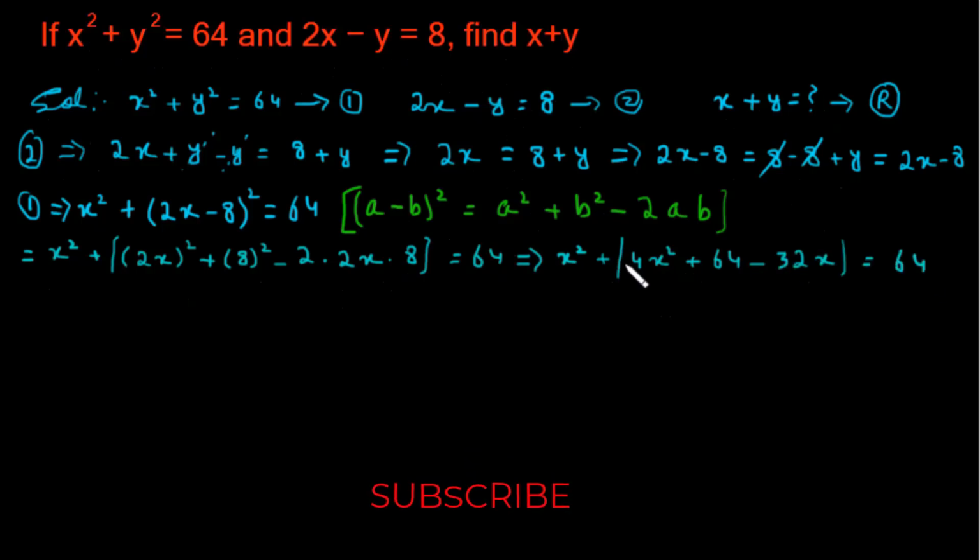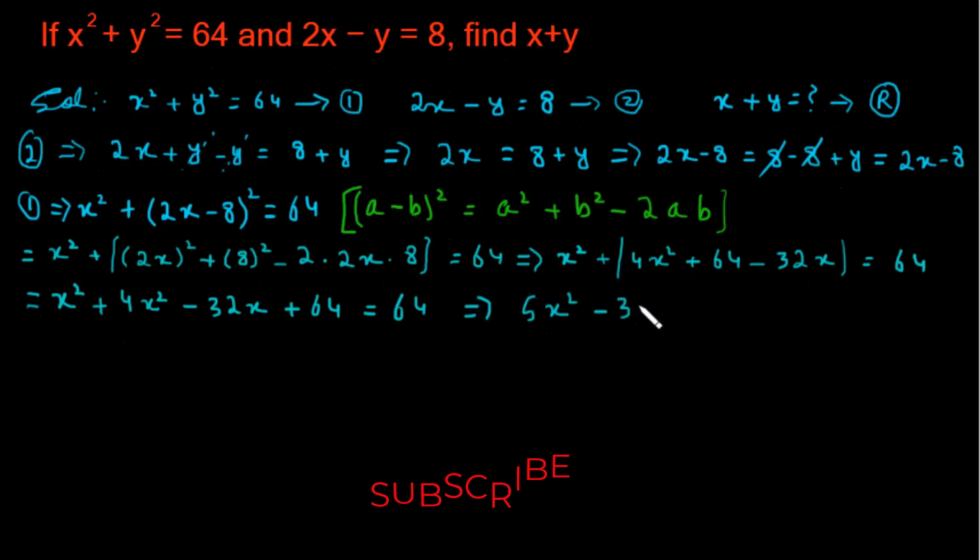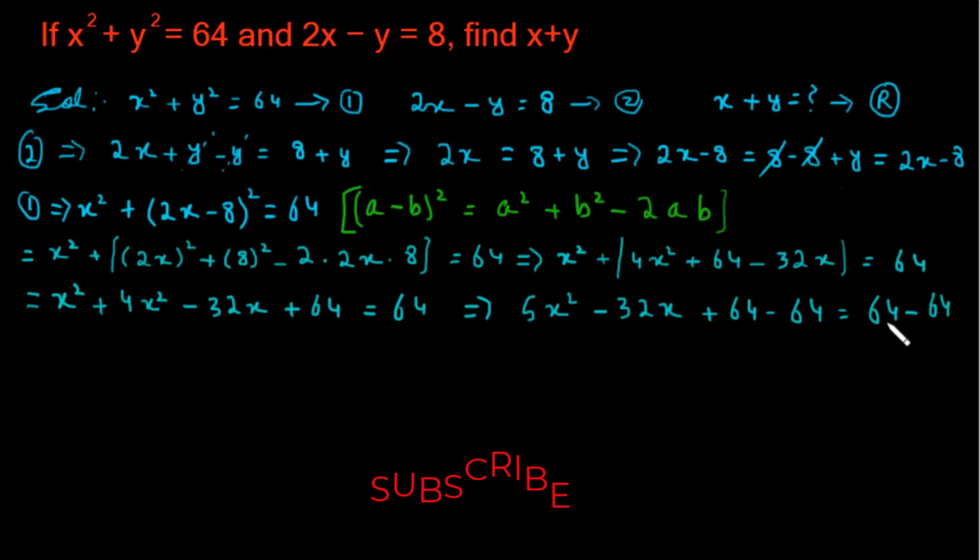Now removing these braces, we will come up with x squared plus 4x squared minus 32x plus 64 is equal to 64. Adding these two gives us 5x squared, then minus 32x, and now 64 minus 64, as we are about to take the constants to one side of equality to eliminate this 64.